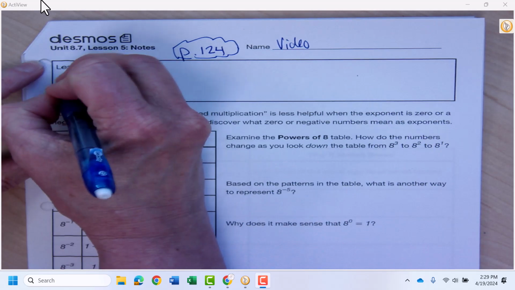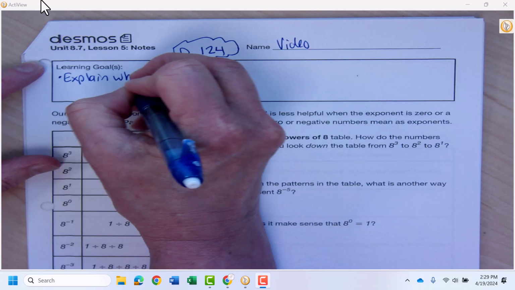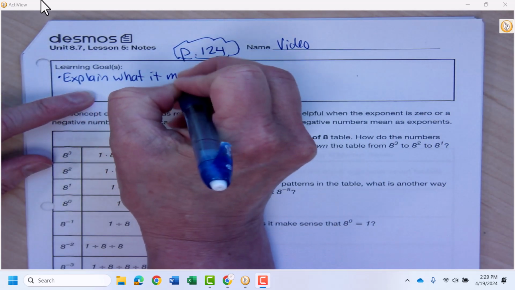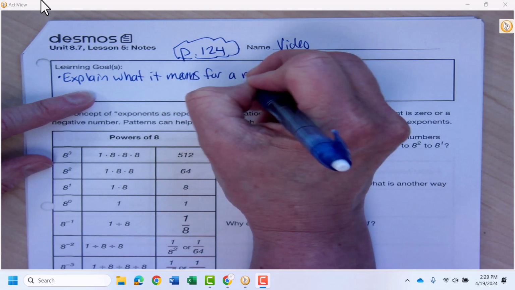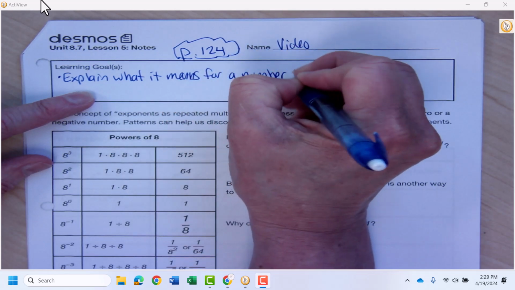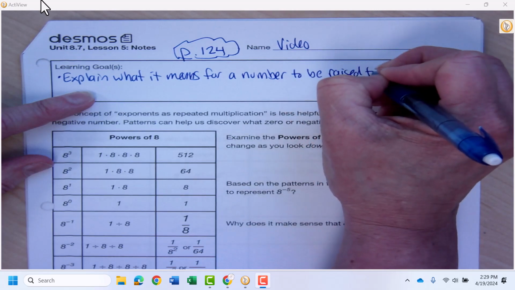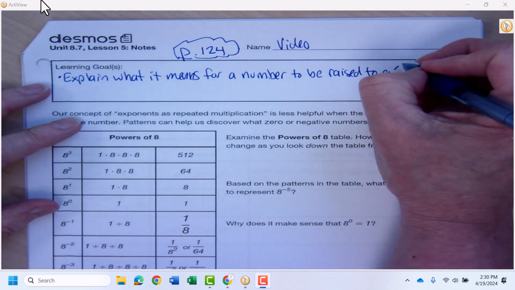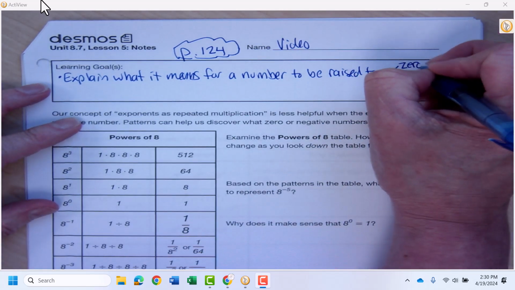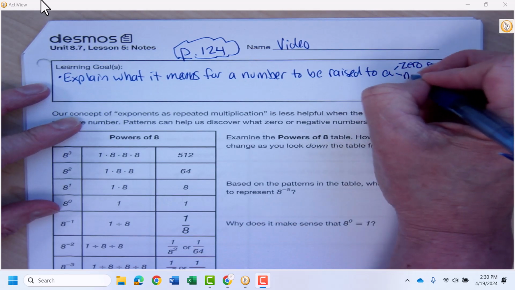We have two goals. First of all, explain what it means for a number to be raised to a zero exponent, and for a number to be raised to a negative exponent.